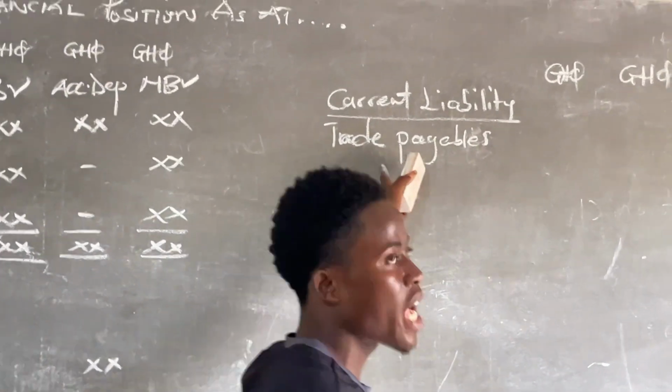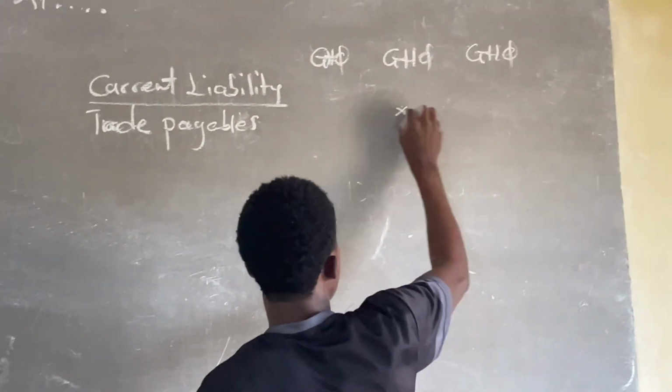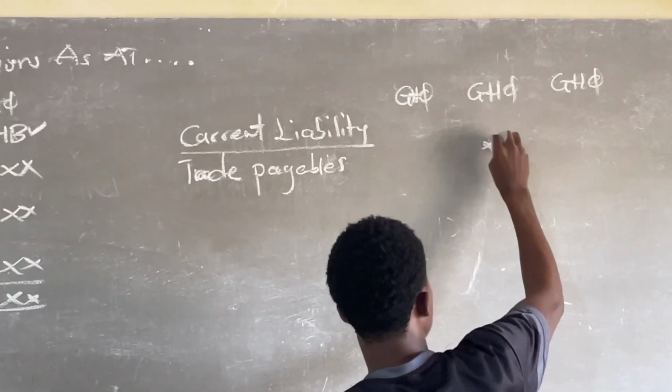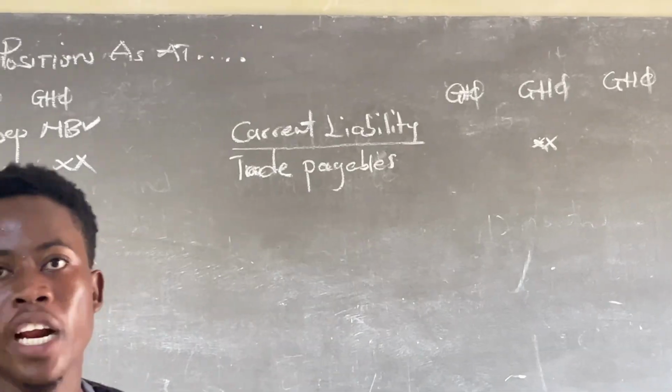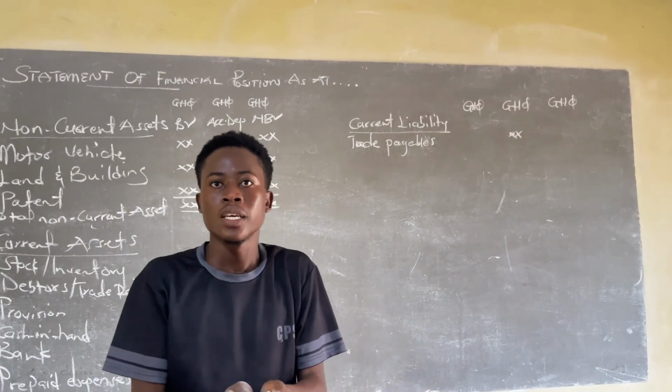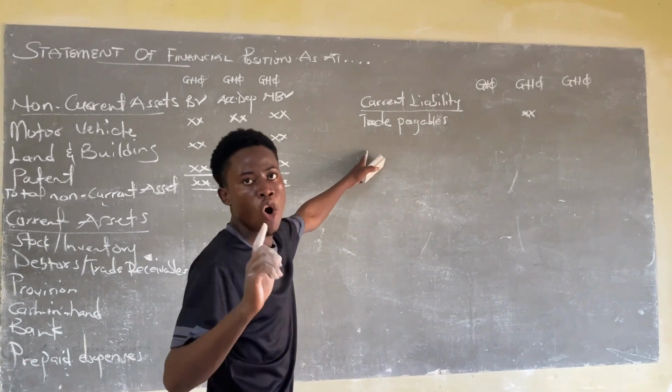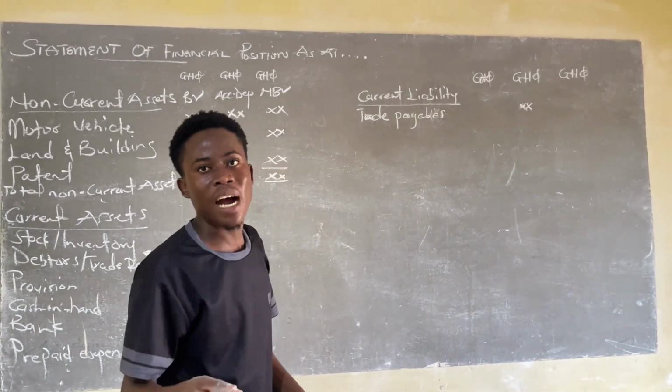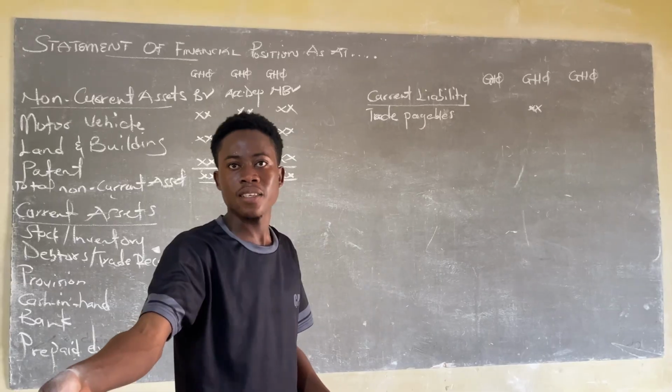So when we say trade payables, it is an amount of money the organization is owing people outside the organization within a short frame. And then also we have what we term as accrued expenses.